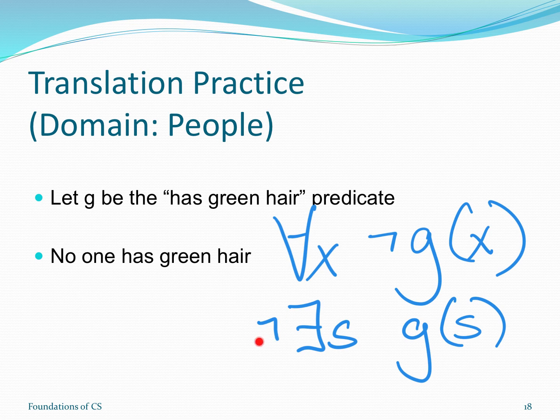If you have a not symbol on the outside of something, you can push it through the there exists and put it here, and the there exists flips to a for all. Or if I want to push this not out, the not goes out, but the for all turns into an exists. So that's a trick you can use wherever you want if you're wondering whether two predicate logic statements are the same.